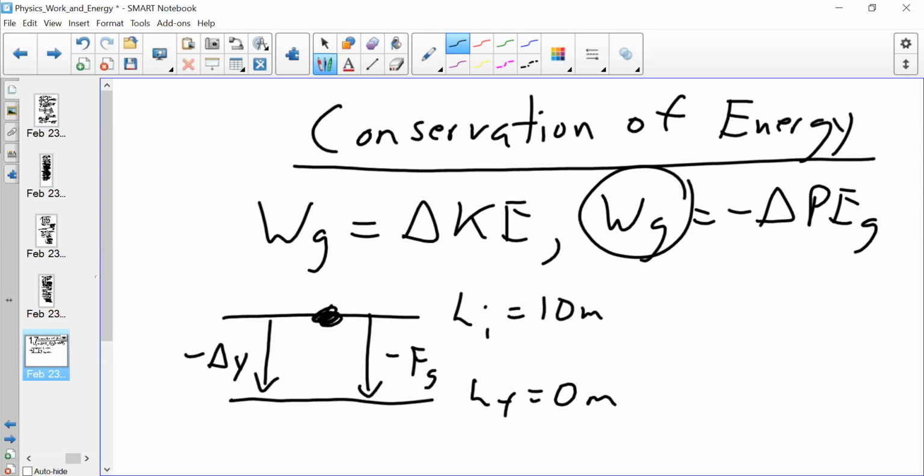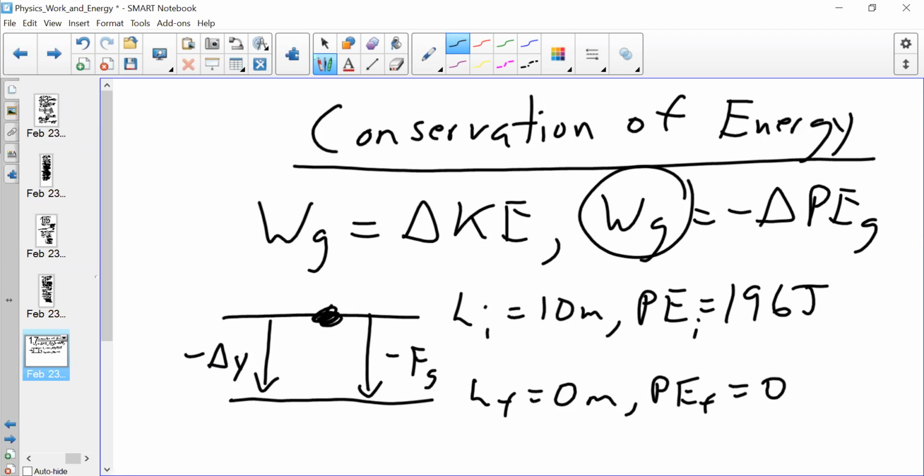and that's going to be equal to a loss of potential, because at the very top here, as we calculated yesterday, referring to those notes, for this example we have the gravitational potential energy at this point to be 196 joules. And then the gravitational potential at this point is going to be 0 because there's no height. So 0 minus 196 is negative 196.